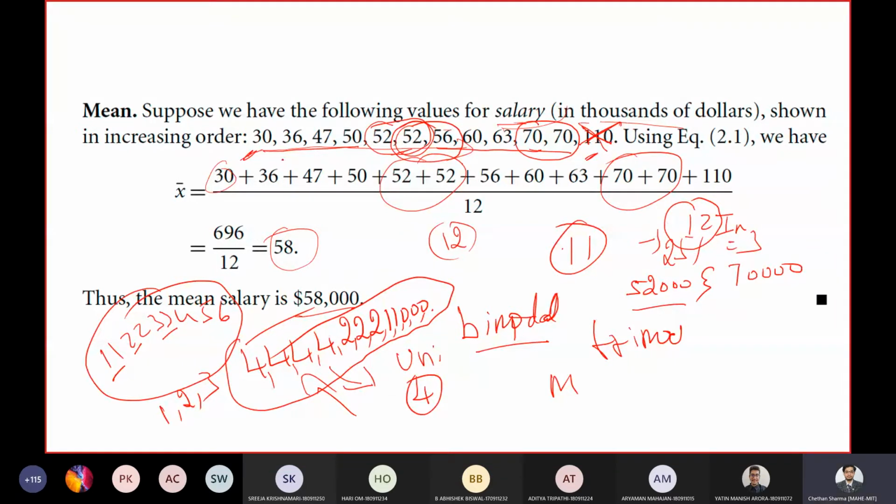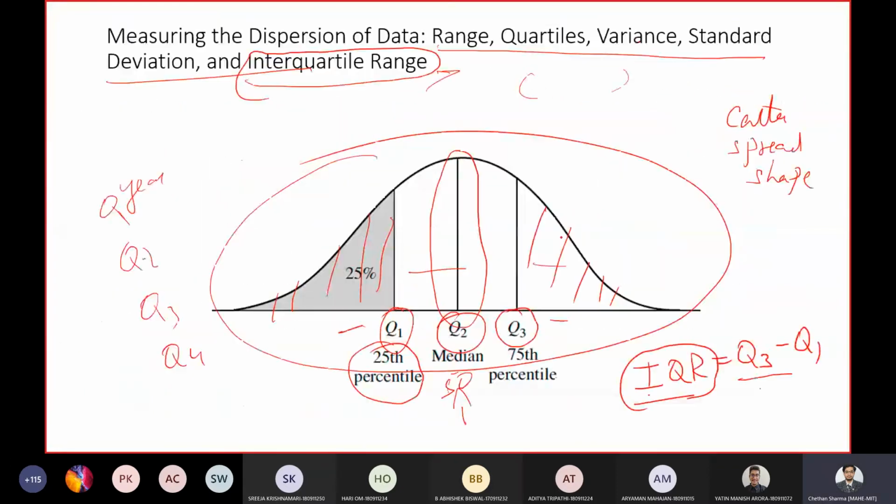So we will be dividing the data set with 3 values in each, so we'll be having 4 different data sets or 4 equal parts. We are interested in the 25th percentile, 50th percentile, and 75th percentile.